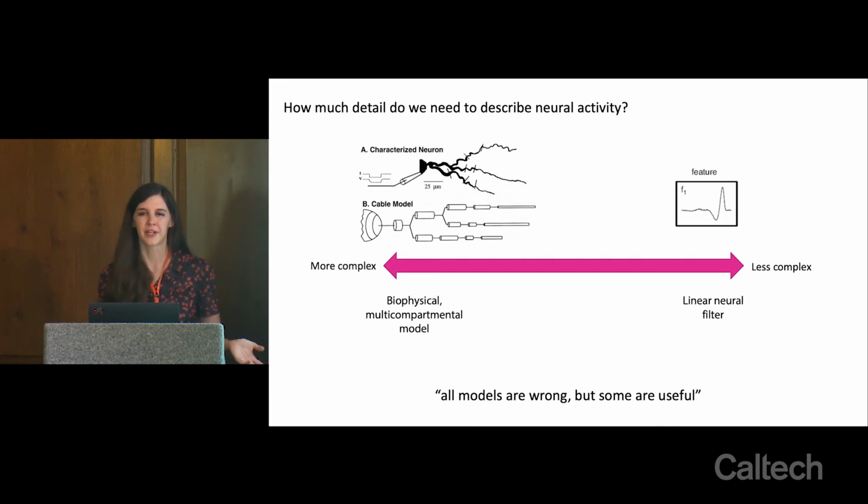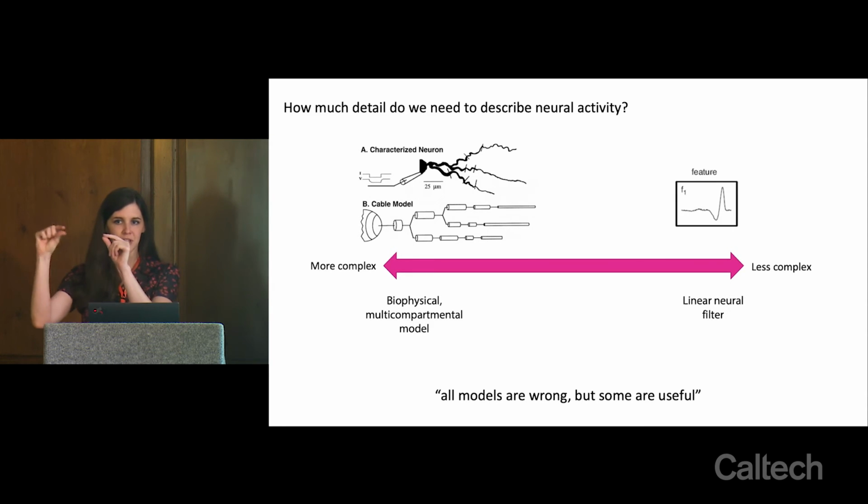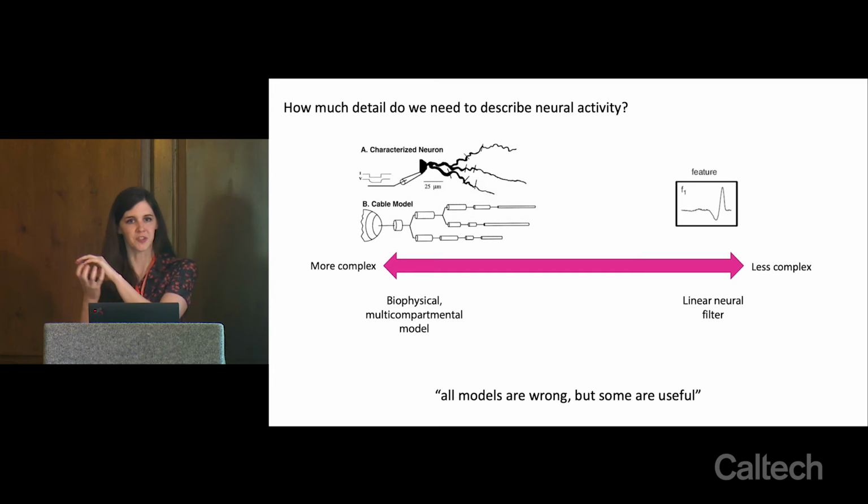On the complex extreme, you can have complex multi-compartment models where you simulate how every segment of the dendritic arbor of a neuron conducts current through it, how that current flows to the soma of the cell, and how the action potential is initiated. And there are theories and tools in computational neuroscience for understanding these things.